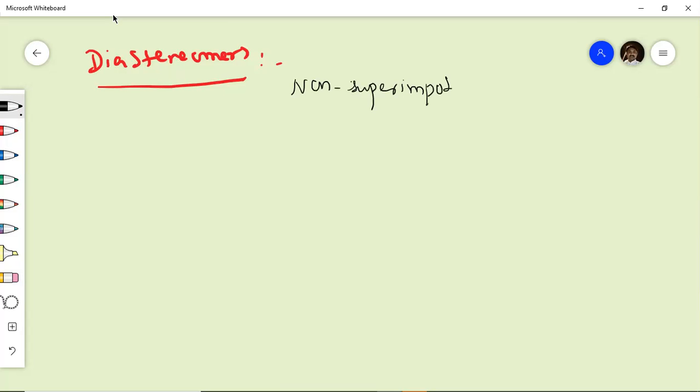Actually, non-superimposable mirror isomers we can call them, which are called diastereomers.